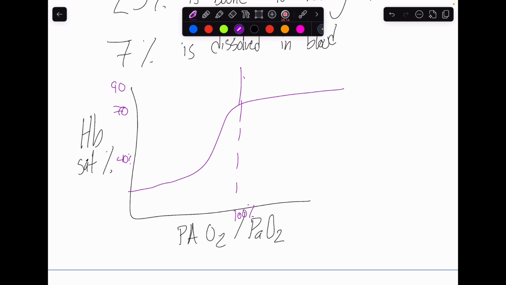I'll try out a left shift first. Left shift means you're going to be more T state than R state. Or sorry, yeah, it'll be more T state.